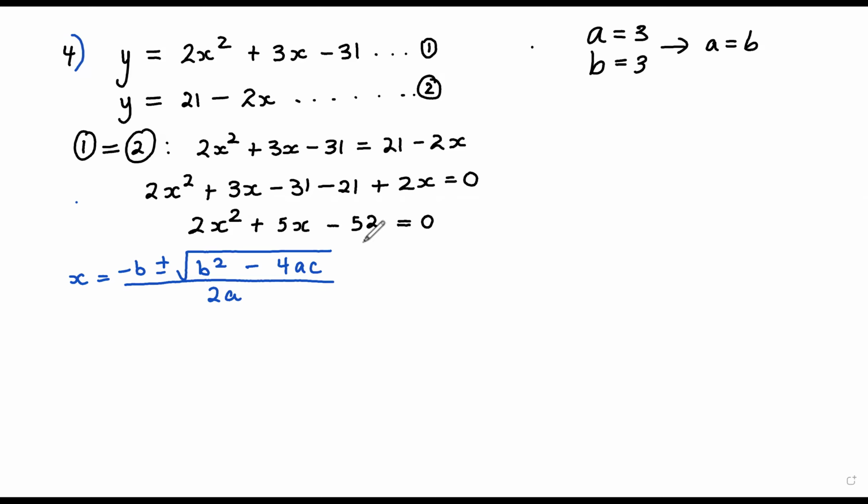All right, so in this equation, b is the coefficient of x, which is 5. a is 2, that's the coefficient of x squared. And c is negative 52.